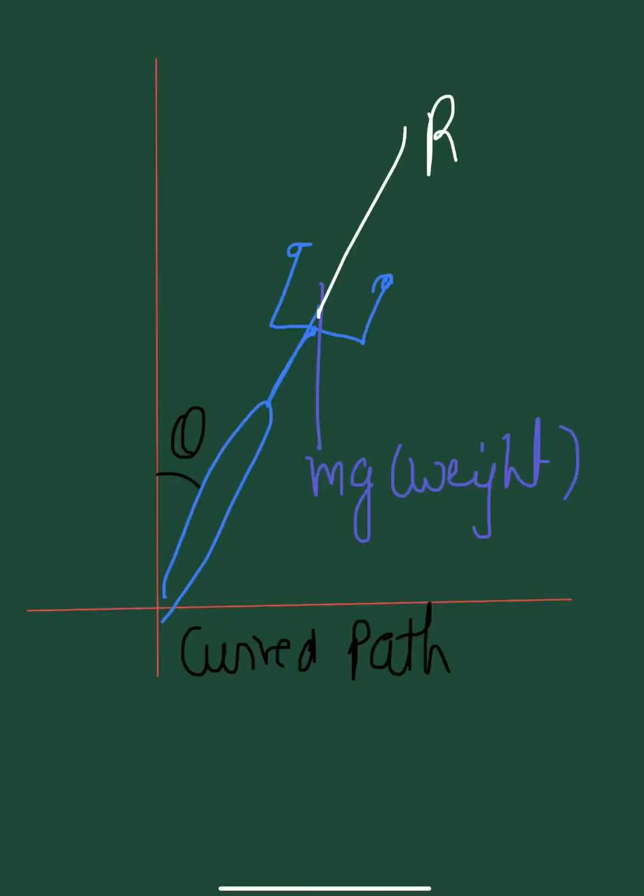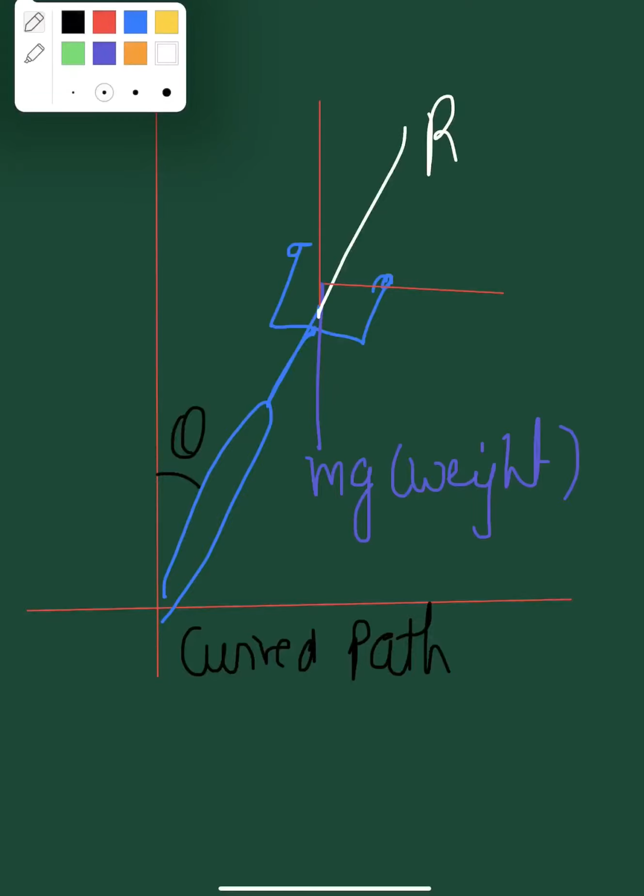We already know that force is a vector, and a vector always is split into its components. So if we split the normal reaction into its components as well, you can see that this normal reaction can be split into a vertical component called R cos theta and a horizontal component called R sin theta. Just simple trigonometry.